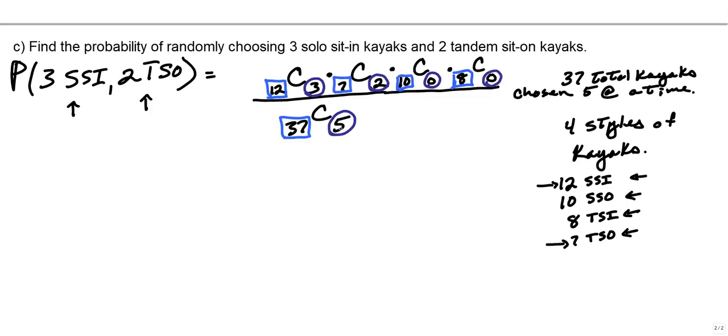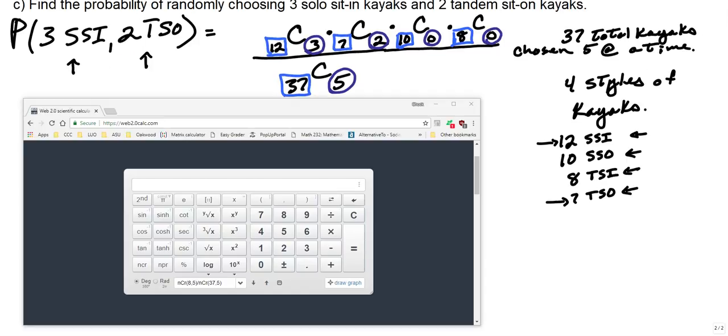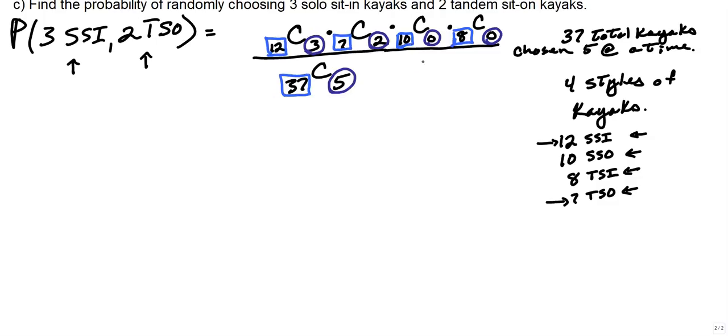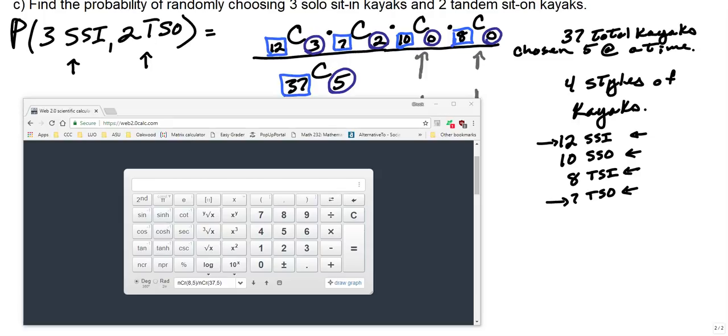And now I can plug this into my calculator and I will come up with the correct probabilities. So we'll start with the numerator. And as I said, this first value will actually be equal to 1, and this one will be equal to 1, so I really don't have to put those into the calculator. But let's go ahead and do it.